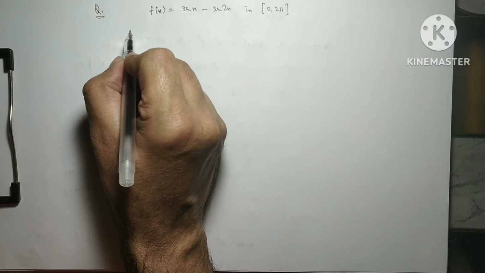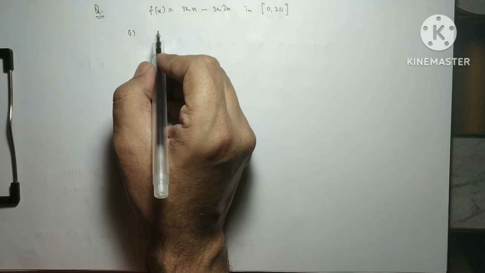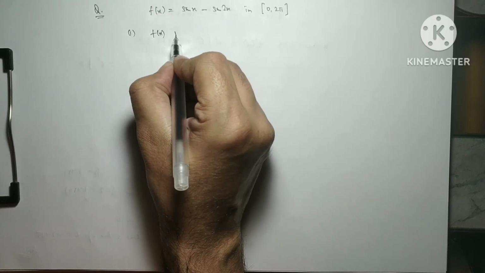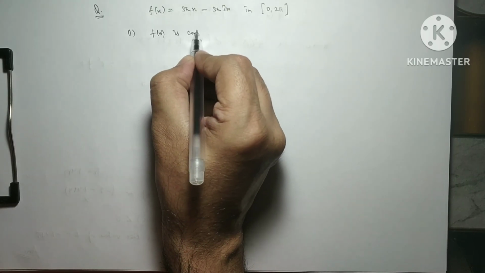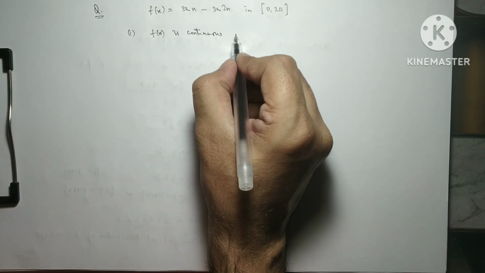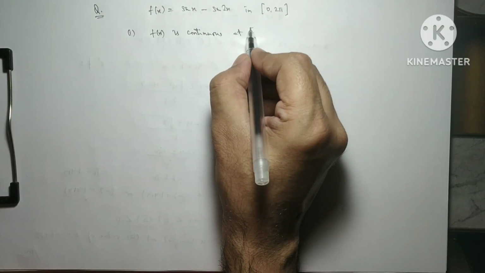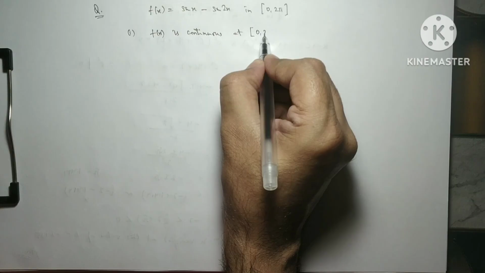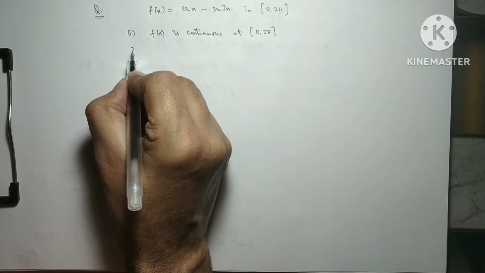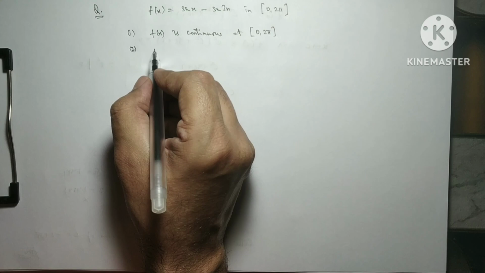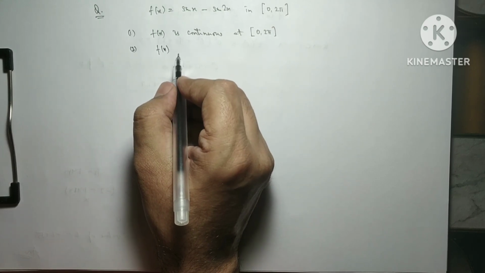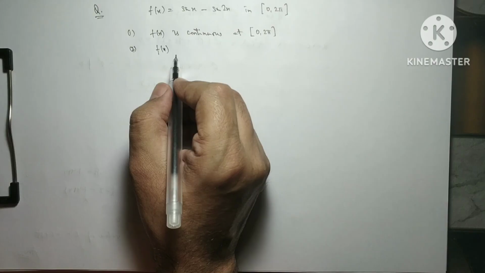That's why for the first statement we can easily write: f(x) is continuous on the closed interval 0 to 2 pi. And the second statement, again, f is differentiable at each value between 0 and 2 pi.